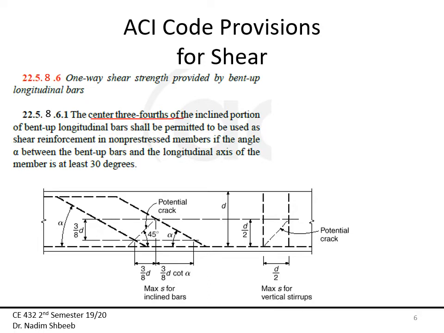If I look at this diagram over here and concentrate on this portion right here, then my maximum distance is d over 2. So 3/4 of that will be 3 times d over 2, which is 3/8 of d. If I have a crack that is inclined at 45 degrees, then the maximum spacing that I'm talking about is this distance right here.